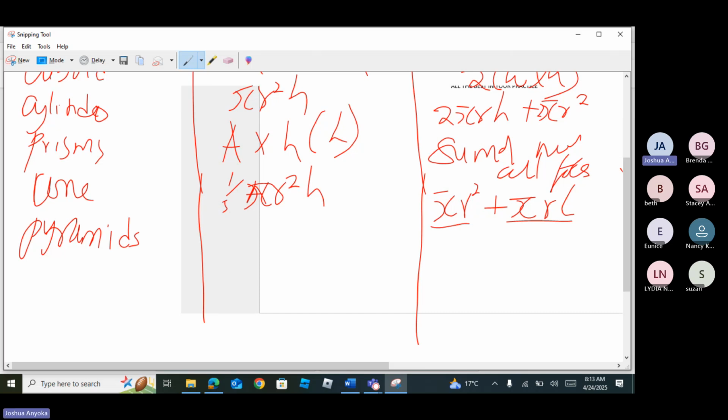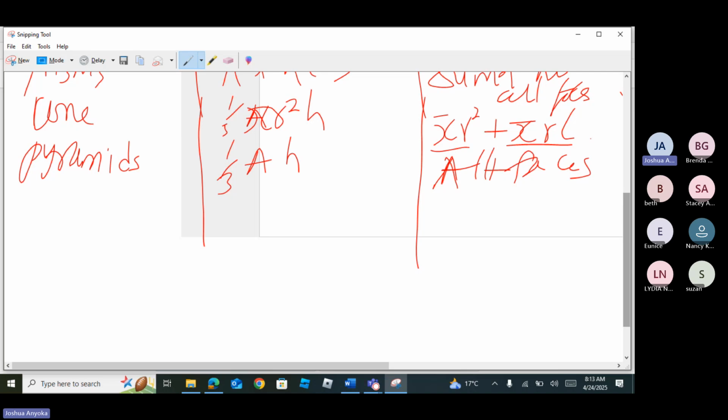How to find the volume is a third base area times height. And for the surface area, it is the area of the base plus the sum of all areas of all faces.